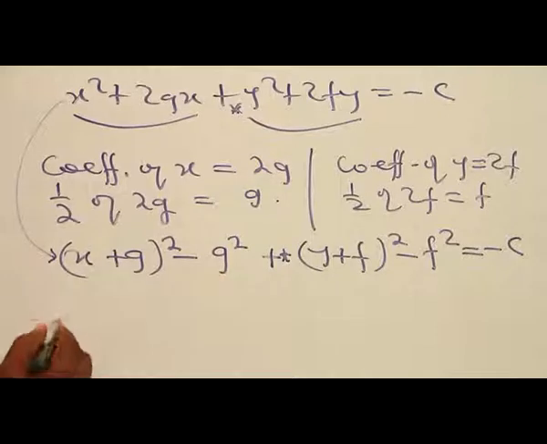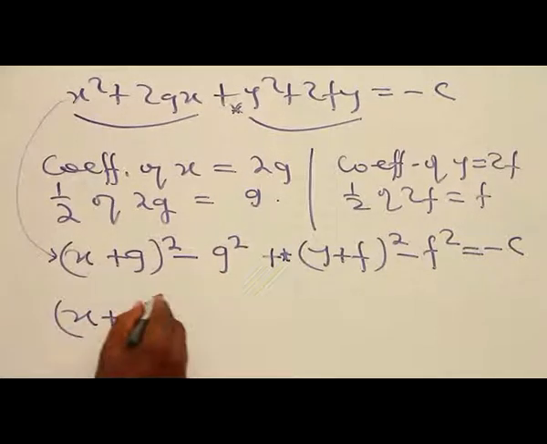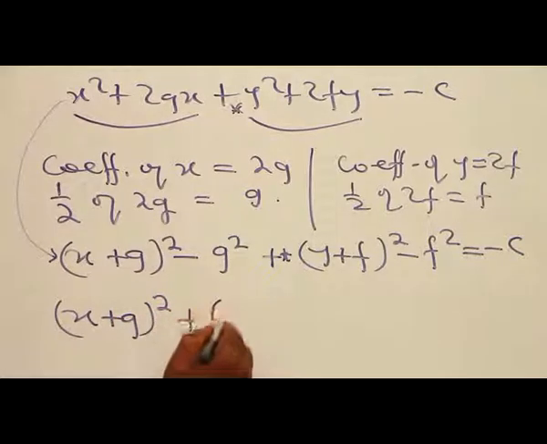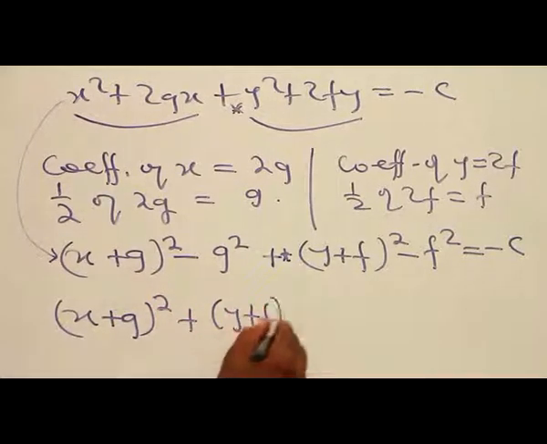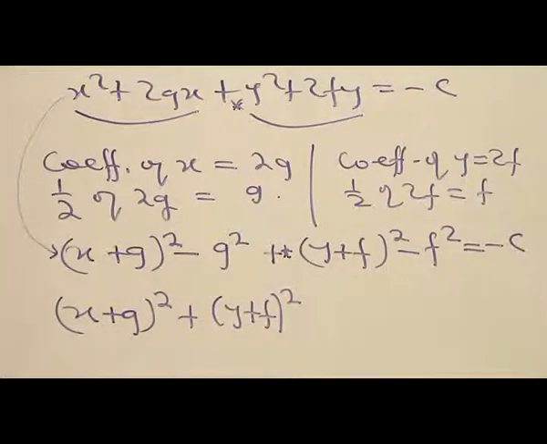With this, we can write this now as S plus G all squared plus Y plus F all squared, taking the constants to the right hand side.